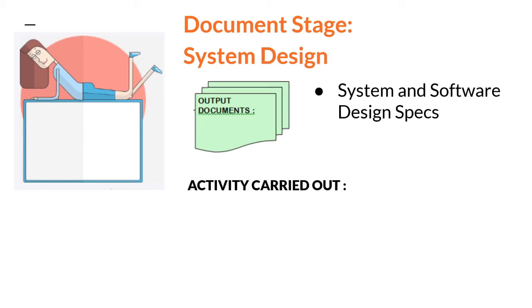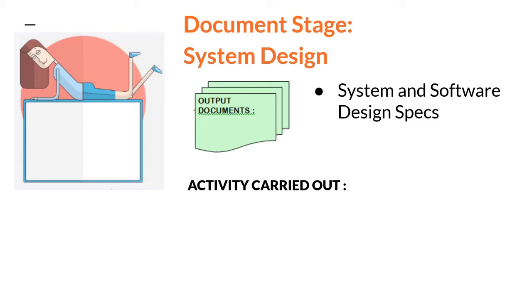These result from activities carried out such as producing a system and software design spec, which will be produced by the IT department, and they will have technical people there, programmers, system analysts and system architects who will look at the requirements, the system requirements spec, and from that they will design a system architecture and system relationships and system modules and software architecture and the database architecture for the system that is going to be built to fulfill the functionality that's required in the system requirements spec.